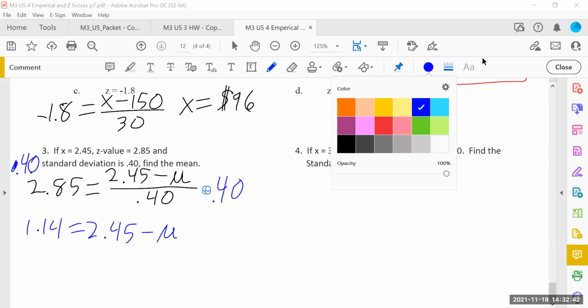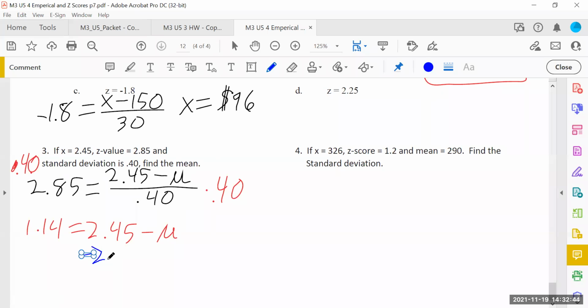Subtract 2.45 from both sides, and I get negative 1.31, but that equals negative mu. It was negative because we did 1.14 minus 2.45. Then we're going to have to get rid of both of those negatives, multiply by negative 1, and so the average is 1.31.